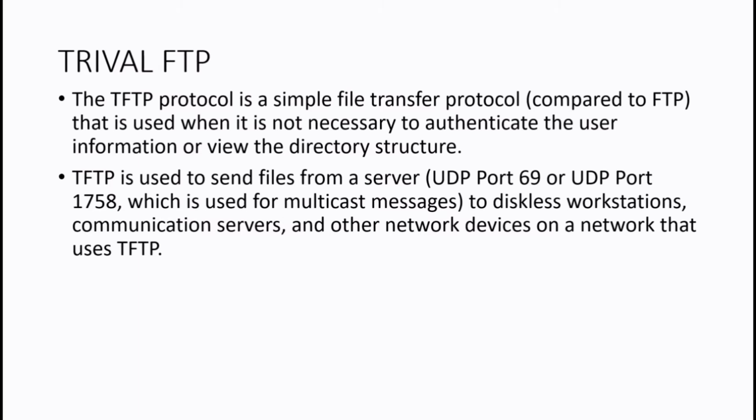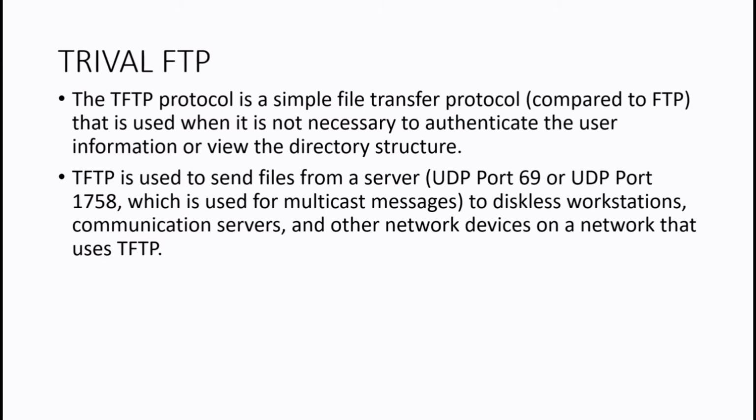Trivial FTP. The TFTP protocol is a simple file transfer protocol compared to FTP that is used when it is not necessary to authenticate the user information or view the directory structure.